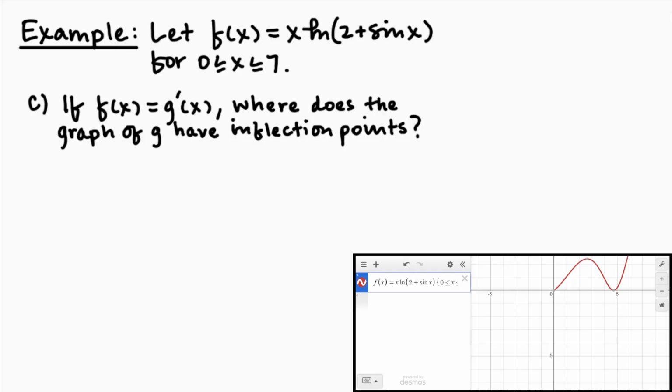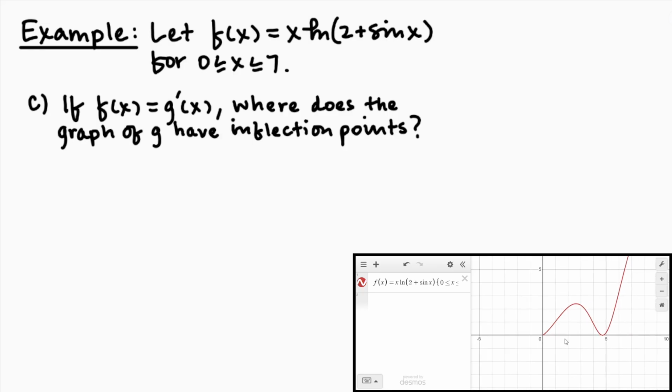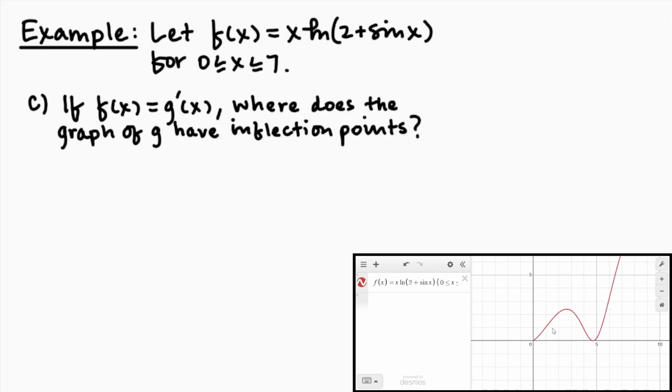Now, the last example I've got for you related to this function and this graph is that if f is the derivative of g, where does the graph of g have inflection points? If you think about it, we're looking for the sign changes in the second derivative, and we're looking at the graph of the first derivative, so we're looking for the extrema. One thing you can do is graph y equals f prime of x. I kind of feel a little obligated to show you that.